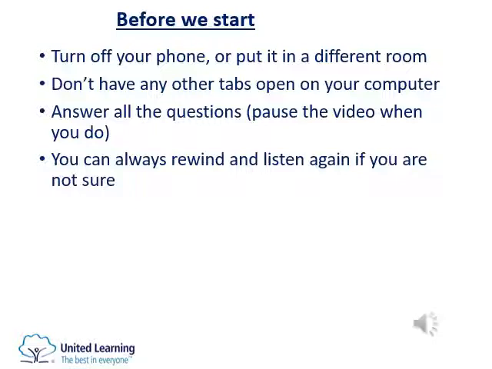You can always rewind and listen again if you're struggling on any part of it. Remember, you can also use BBC Bitesize: if you type in Diffusion and Osmosis BBC Bitesize on Google, you'll be able to find the relevant web page. And then finally, don't give up. Every single person doing this lesson now is capable of completing it, just as long as you are working hard throughout it.